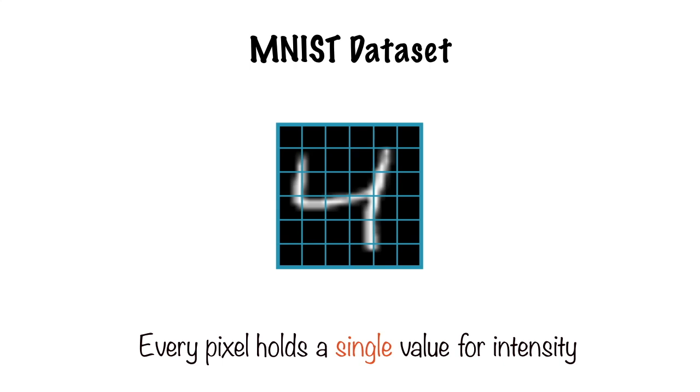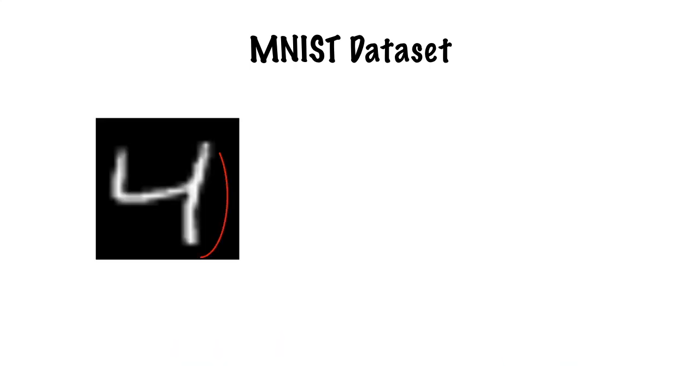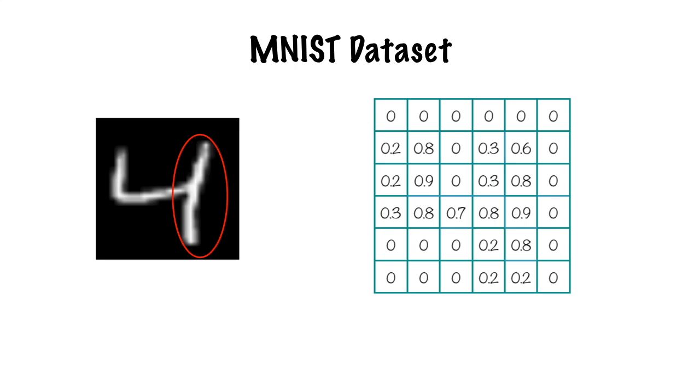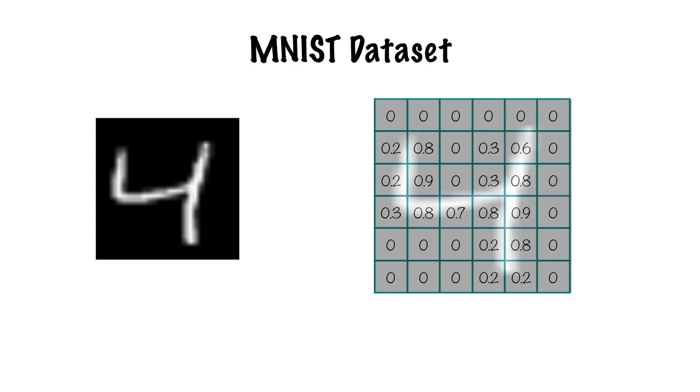Let's see how the values for a particular image might be laid out. If you look at the numbers on screen, you can see that the portions where there are strokes of the image have higher intensity values. The white spaces in the image have lower intensity values. The intensity values should give you an idea of what that digit is. So if you look really hard, you can see a 4 right there in that grid representing that image.